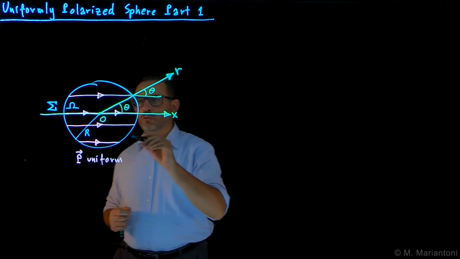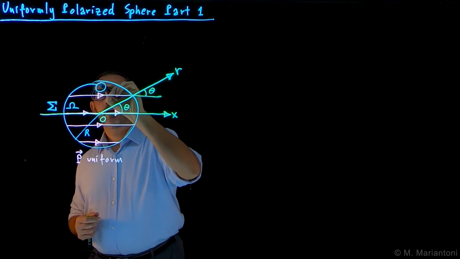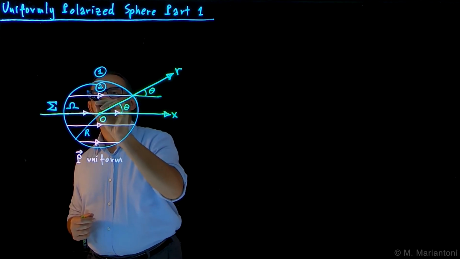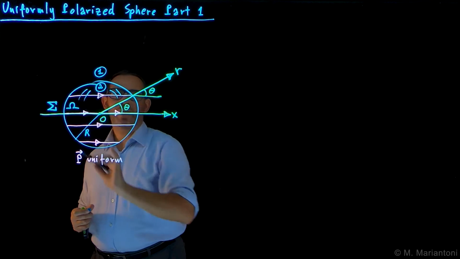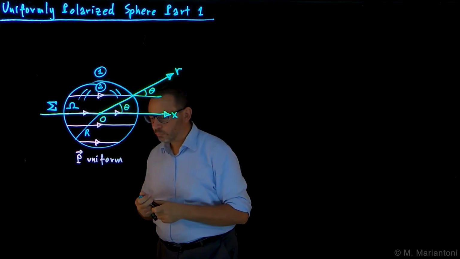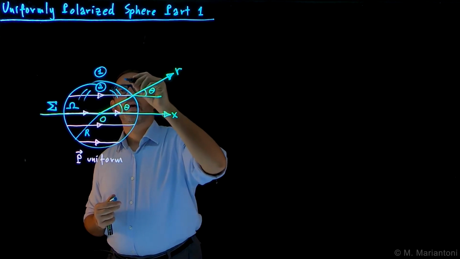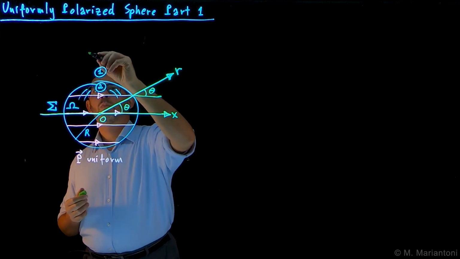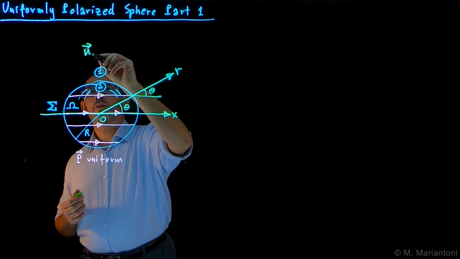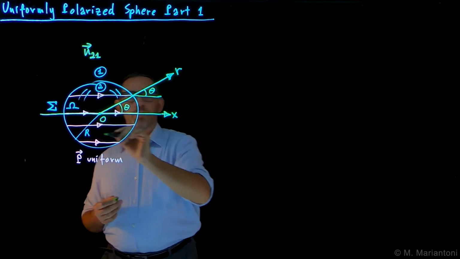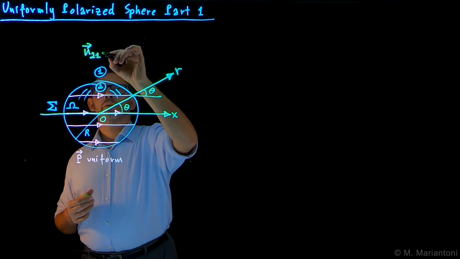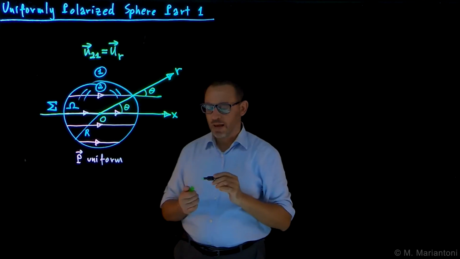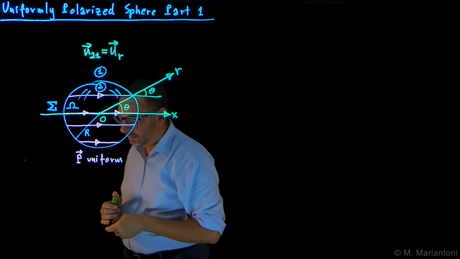Let us call region 2 the region within the sphere, and region 1 is the vacuum outside the sphere. So the sphere is all inside here. There is vacuum outside. In this specific case, n12, the normal unit vector at any point on capital sigma, clearly coincides with u_r, the radial unit vector according to the spherical coordinate system.